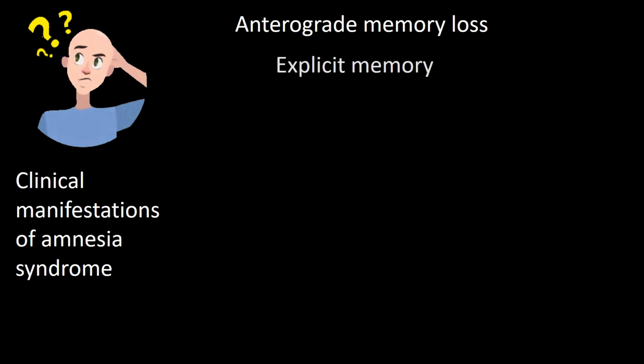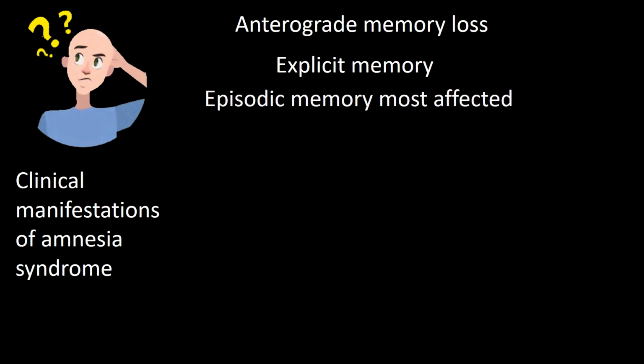The clinical manifestation of amnesia syndrome, defined as amnesia in the absence of any other mental illness in a patient with normal MRI of the brain, usually consists of anterograde memory loss, which precludes the patient from learning new information or tasks, although to my knowledge no one has tested if a patient with amnesia syndrome can learn to ride a bike or type. Involved in patients with amnesia syndrome is explicit memory, episodic memory, one of the two types of explicit memory, being most affected.